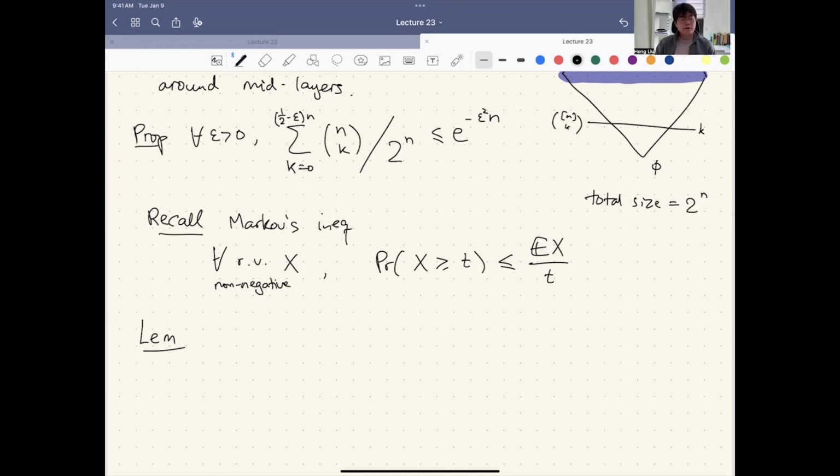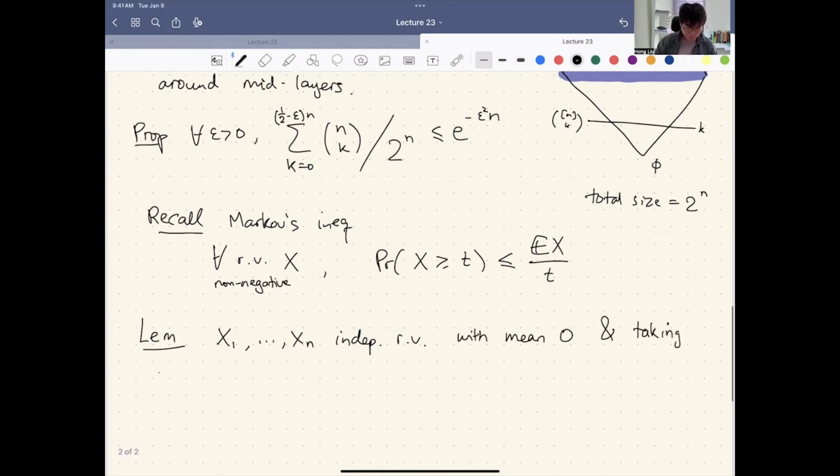We have x1 to xn independent random variables which are centered, meaning that they have mean 0, expectation 0, and taking values in [-1, 1].